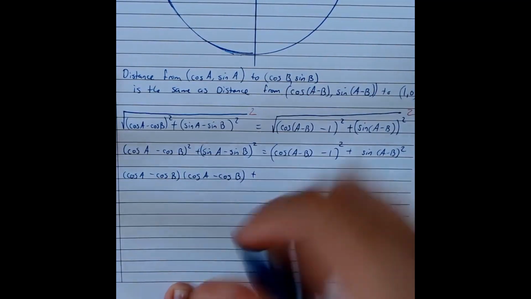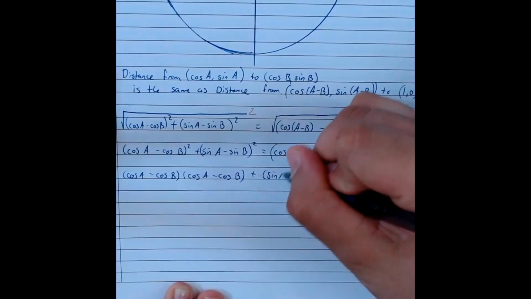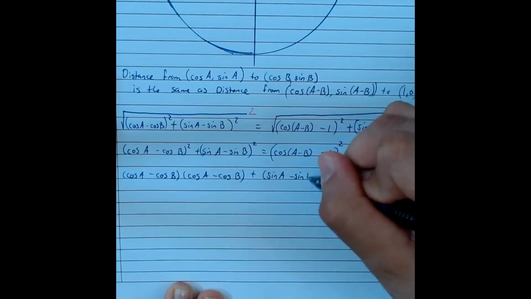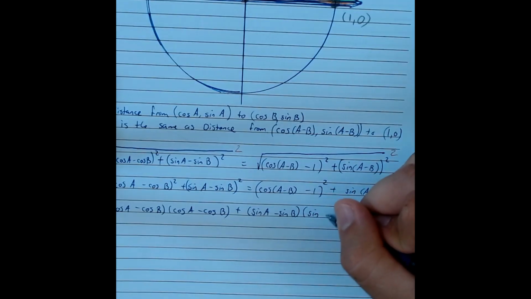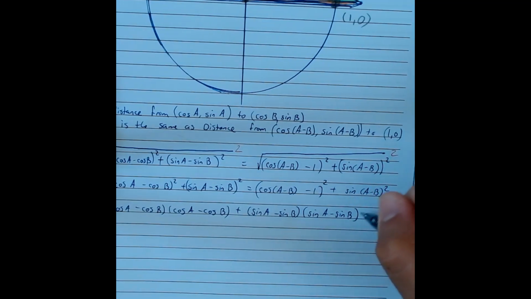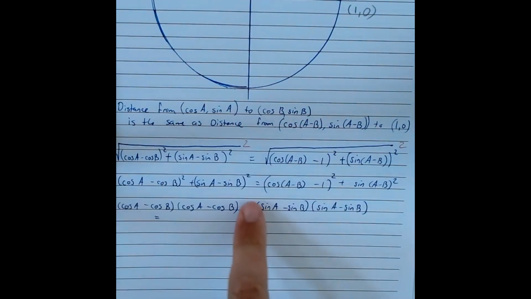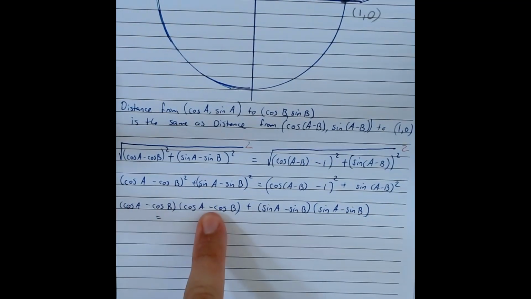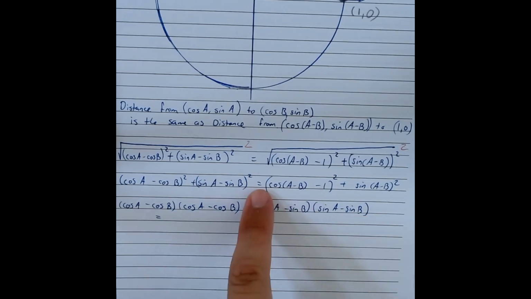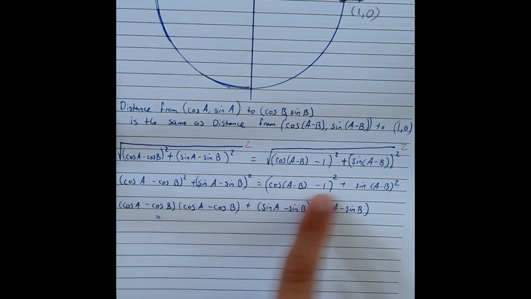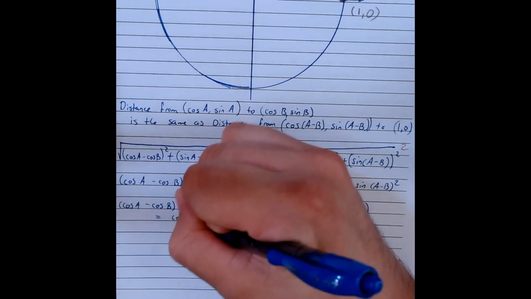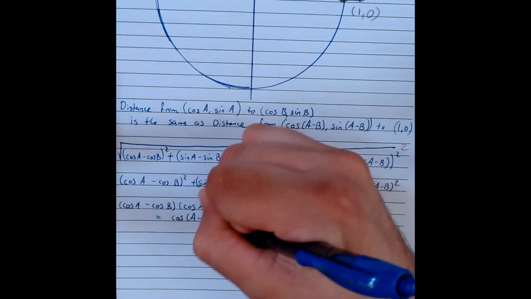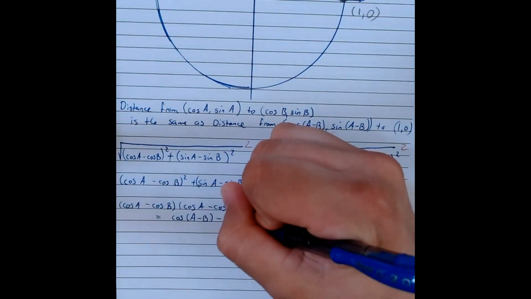So I have a plus, sine of A minus sine of B times itself again. And that's going to equal, okay, so square this is there, square this is there, is equal to, well, I could square this, and that means multiplying it times itself. Cosine of A minus B minus 1 times itself.